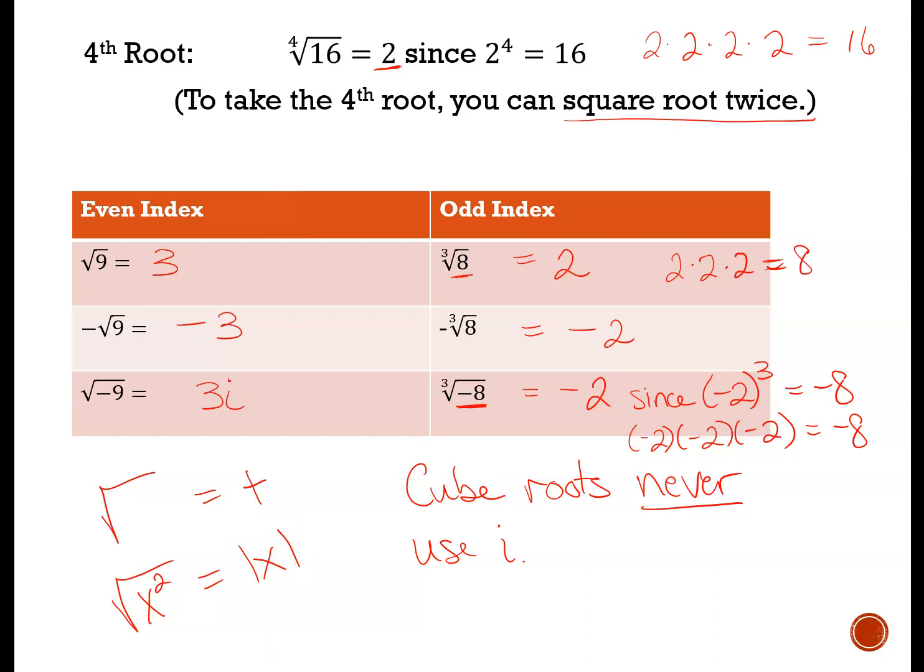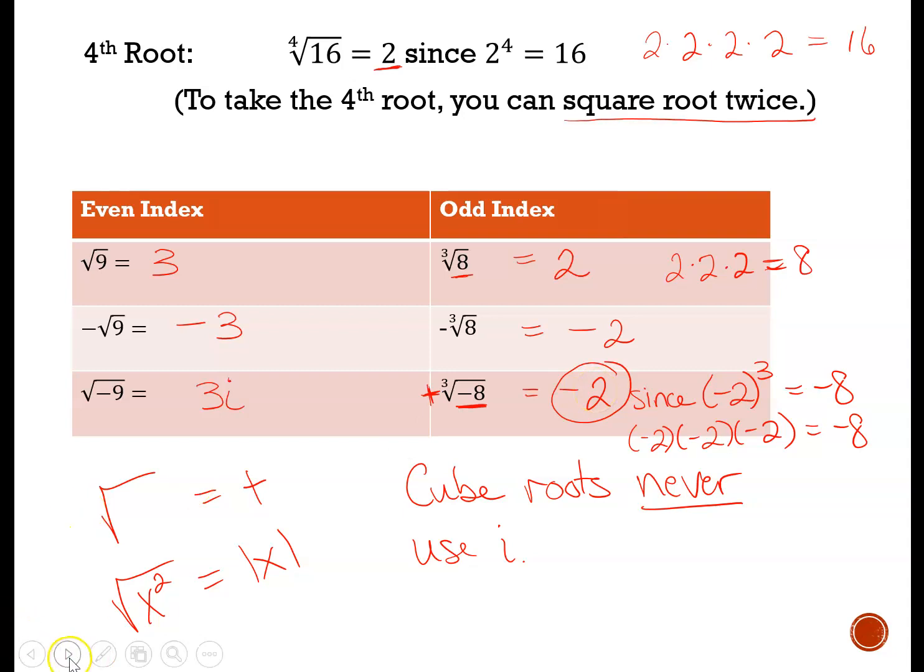Now when it's a cube root, you will never need absolute value bars because it's okay to get a negative answer. This is a positive out in front of my radical symbol, but my answer's negative. So it can have a negative answer.